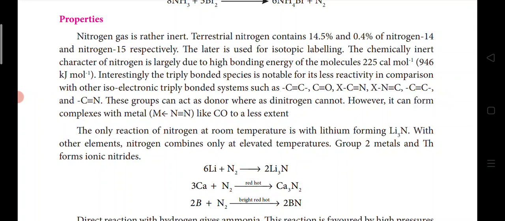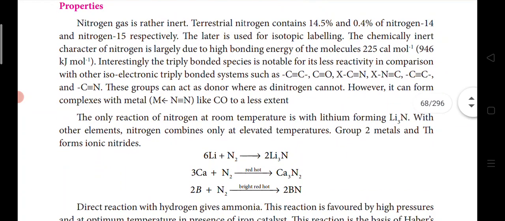So all these are quite reactive, but this N triple bond N is less reactive than the other triply bonded species. So these groups can act as a donor, whereas dinitrogen cannot. So dinitrogen will not act as an electron donor, whereas the other triply bonded molecules can act as a donor. However, it can form complexes with metals like CO, to a lesser extent.